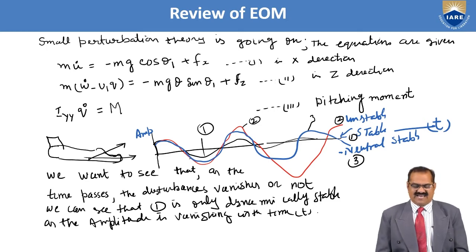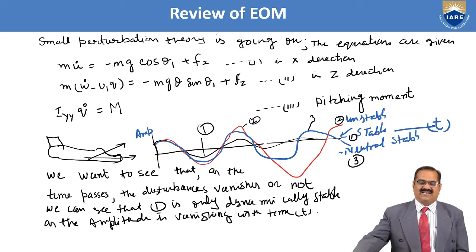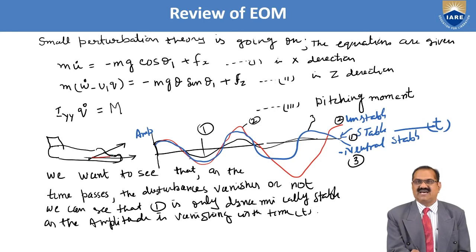So we can see that once the aircraft is here and we have disturbed this aircraft from the given direction, like here, this is the x direction. Here the aircraft is flying in this direction, and some disturbance is given in this direction.